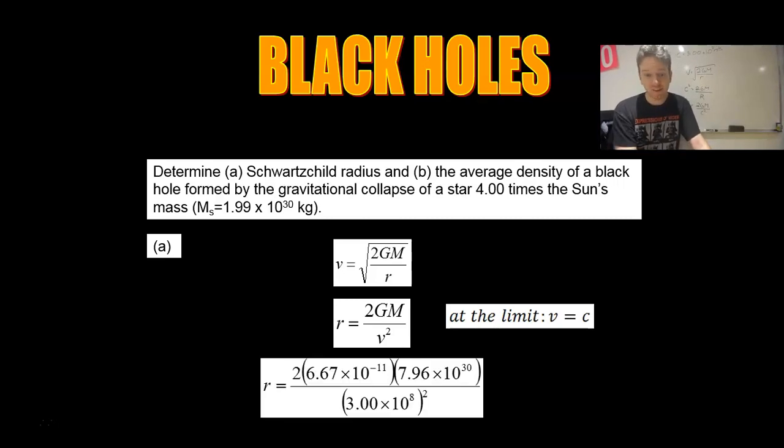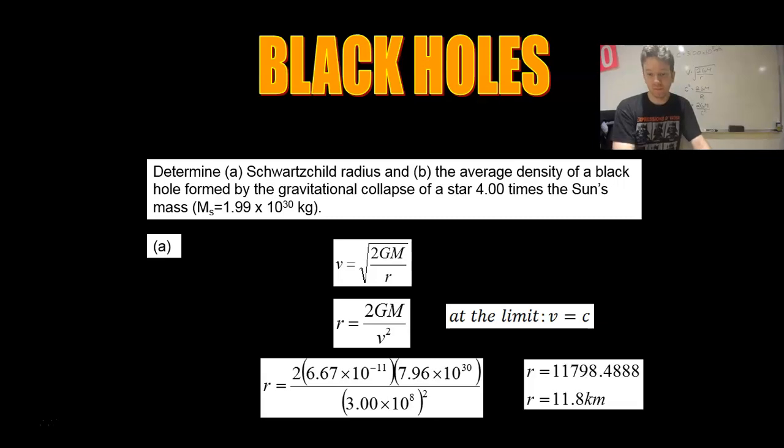You sub in all your values, and we get 11.8 kilometers. So when you think about that, our sun is massively huge. And something 4 times the mass of our sun, when it becomes a black hole, is only 11.8 kilometers.